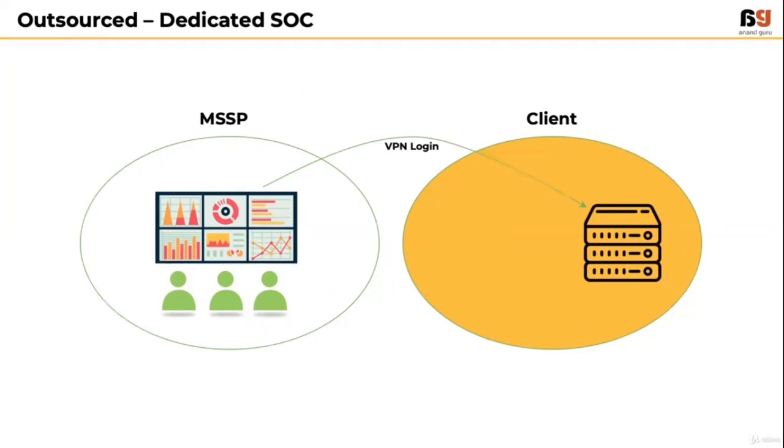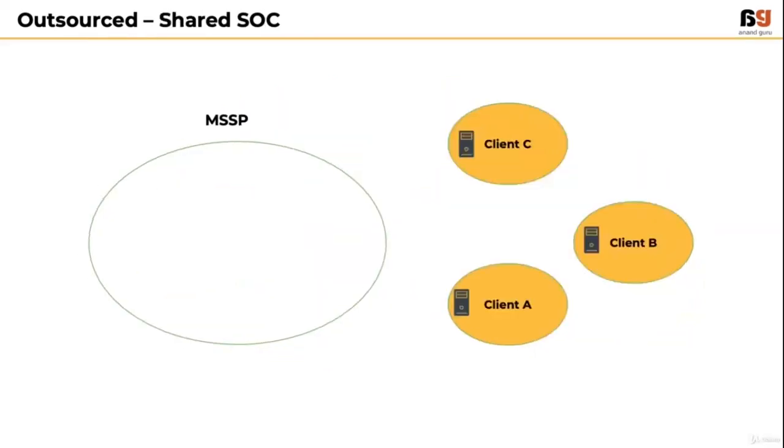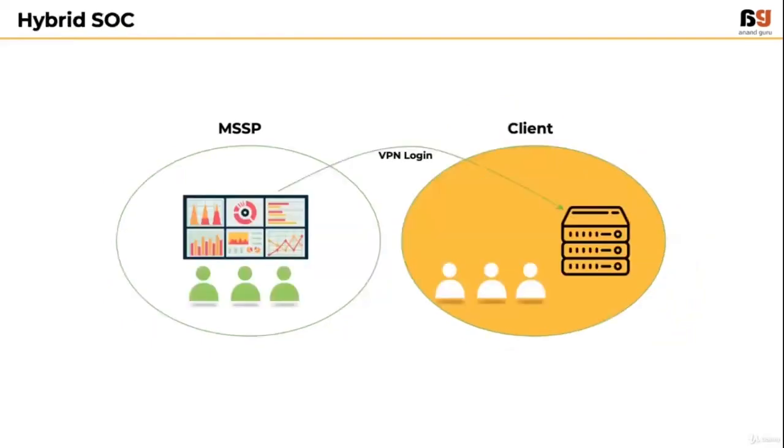Companies do this till they get trained. After getting trained, they can now do an in-house SOC. Then the hybrid is where different clients come together, share an MSSP, and share resources together.